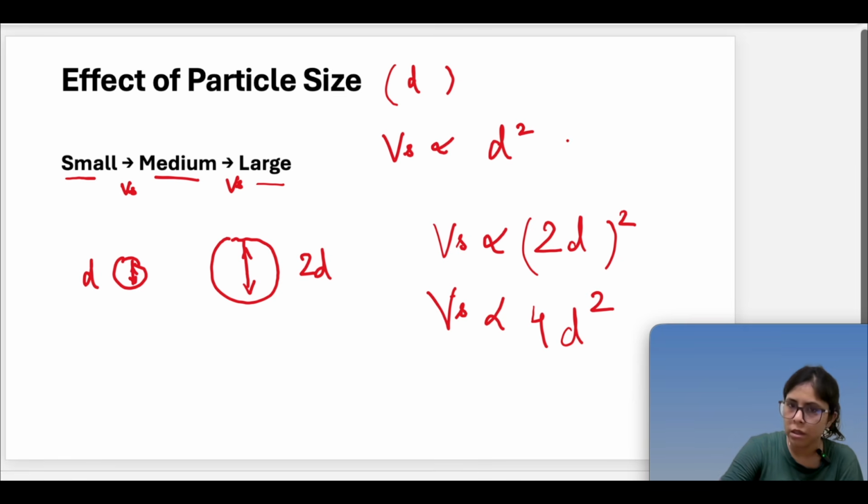Initially the velocity was proportional only to d squared, but when the diameter increased to double its original size, the velocity increased 4 times the velocity of the particle with diameter d. So velocity is not linearly proportional to the diameter; it's a parabolic proportionality. So Vs increases 4 times. This is the effect of particle size on the settling velocity.